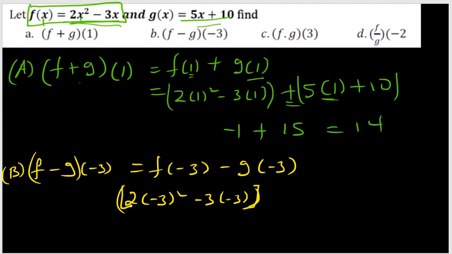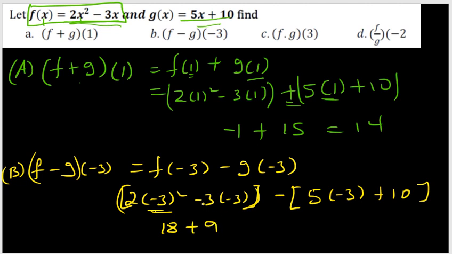We can make it a big bracket here, minus the second one, g at negative 3, which means 5 times negative 3 plus 10. Let us finish it. This is 9 times 2, 18, plus 9 again, because negative 3 times negative 3 will be 9, minus here negative 15 plus 10, which will be negative 5. Okay, let's keep it negative 5.